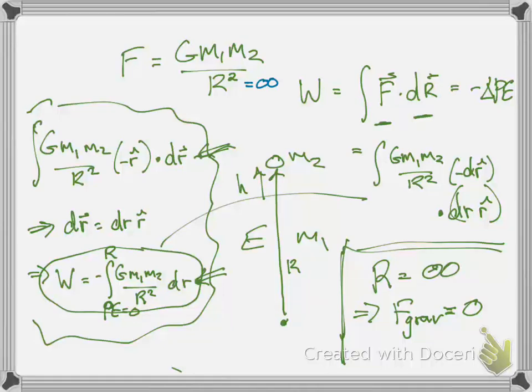That, therefore, is also when the potential energy goes to 0. So we're going to go ahead and do this integral from infinity to r, and what we end up getting is, therefore, the work to go from infinity to r is plus G m1 m2 over r. That's when we do the integral.